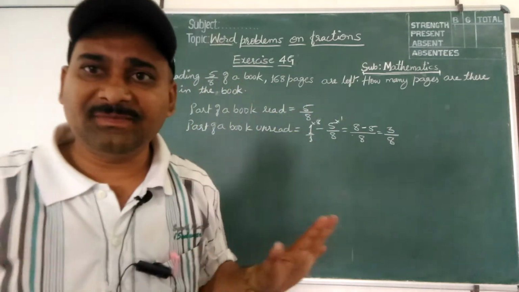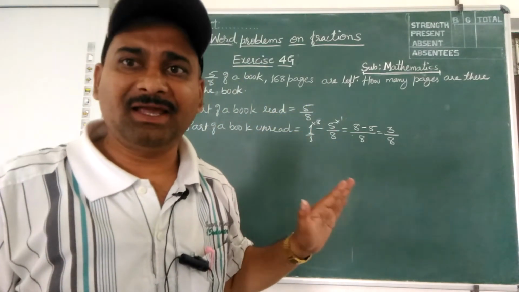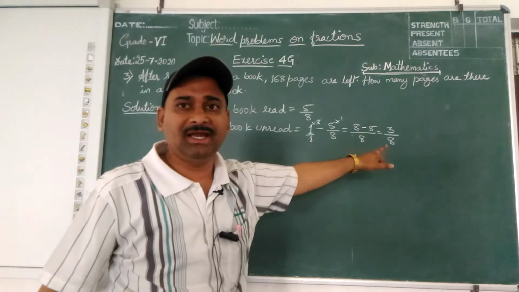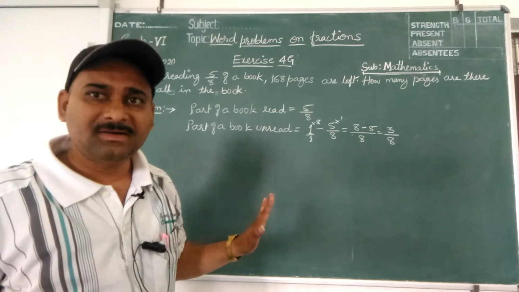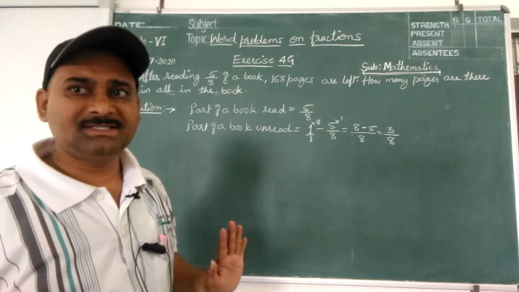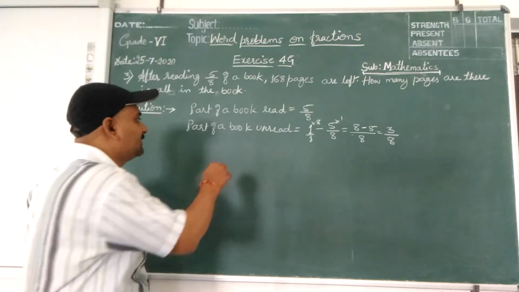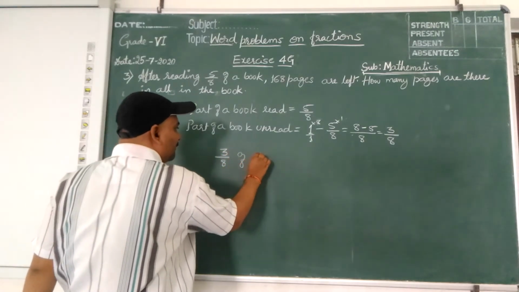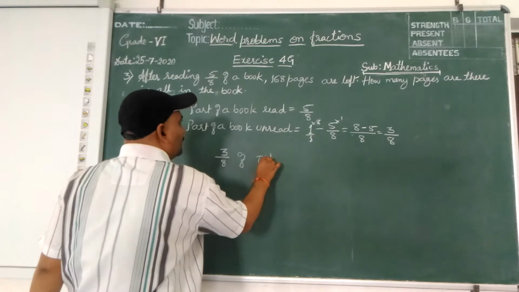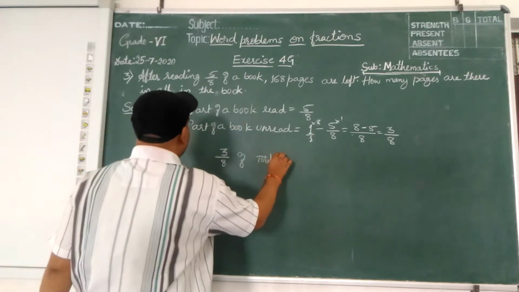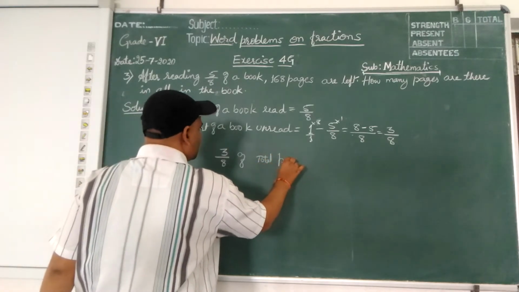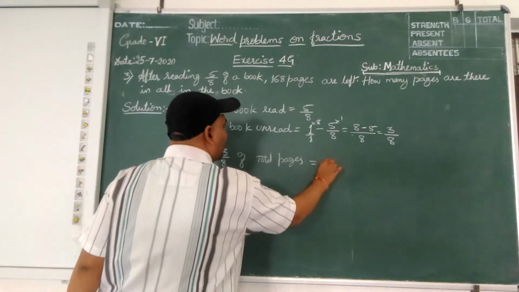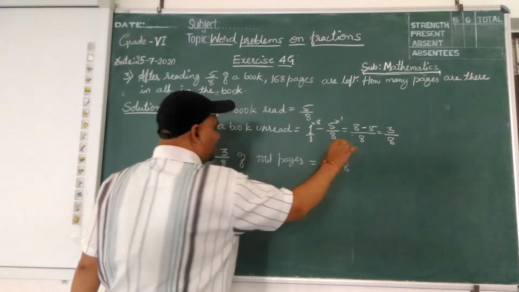168 pages are left means what, children? 3 by 8 part of the pages are left. Still we have to read 3 by 8 part of the book. So let us write this in this way: 3 by 8 part of the total book, total pages, is given as how much? 168.